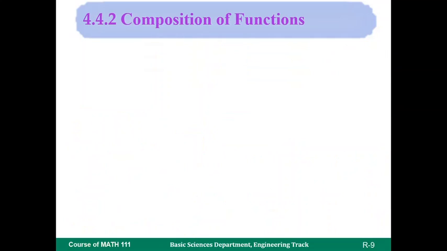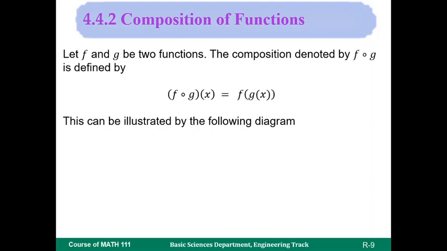Now composition of functions. This is another way of generating new functions from two functions. Let f and g be two functions, and their composition is defined by this. This notation means f of g of x.